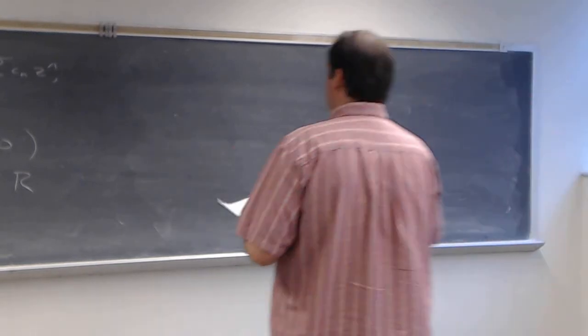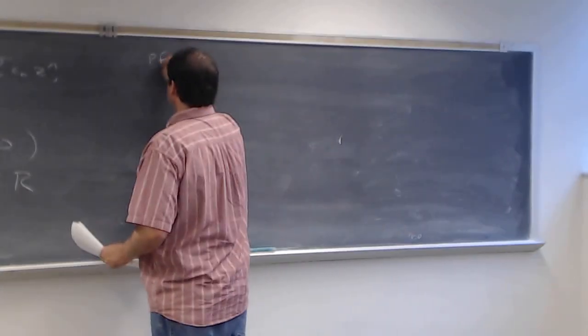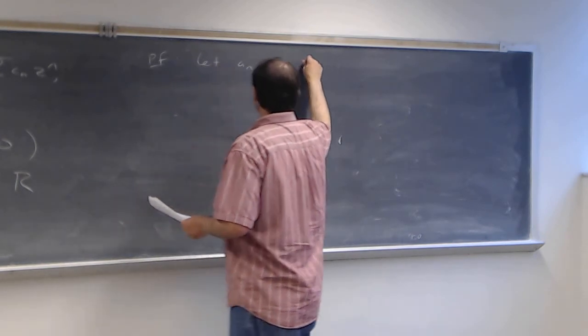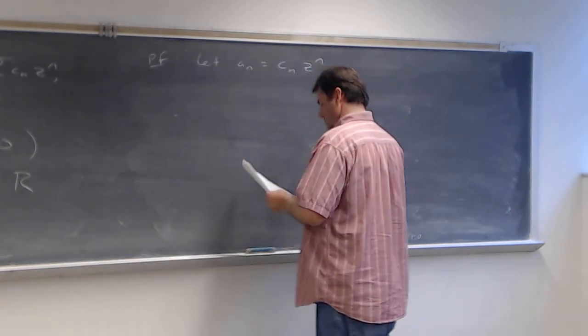Okay, so we're ready to do the proof. For shorthand notation, we'll let a sub n be equal to c sub n times z to the n.